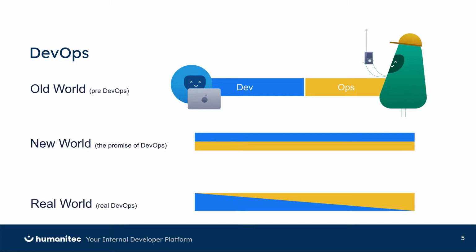Now, in practice, what really happens is that developers are still mainly doing developer stuff and ops people are obviously focused very much on ops stuff. But in a real-world DevOps setup, we do have a lot of overlap between the two, and we do have ops people involved in application design, and we do have developers who are responding to pager events for production systems.